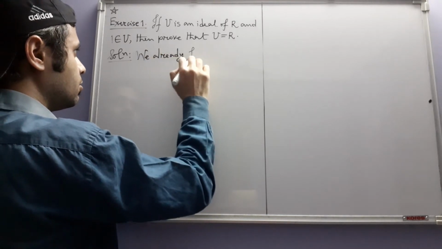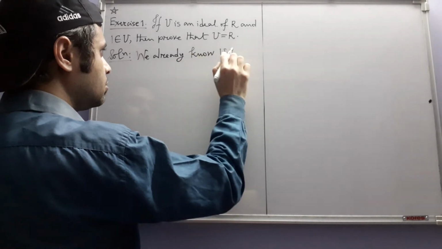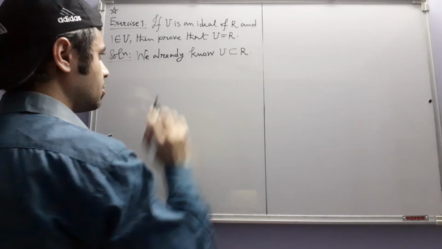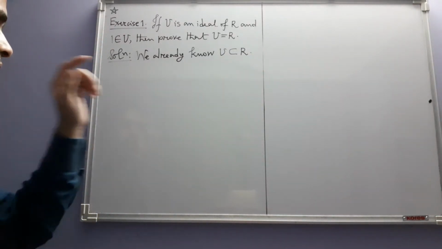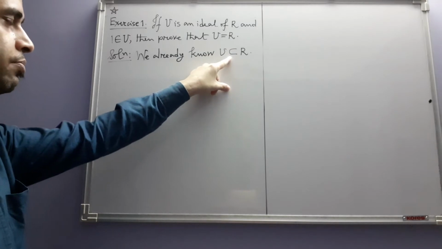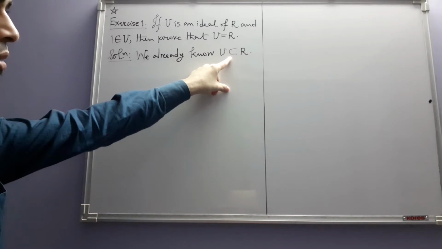We already know that U is a subset of R. Okay, I feel I should mention something at this point about this notation, which I can't remember exactly if I mentioned this before or not.